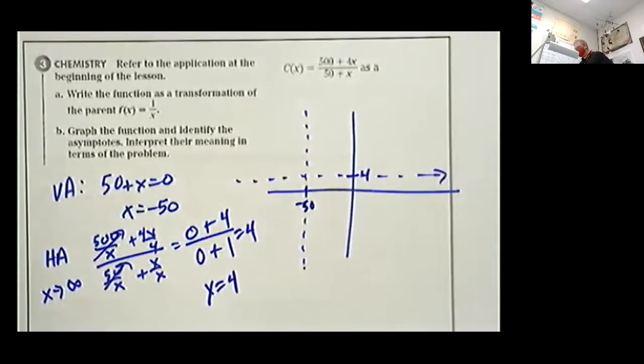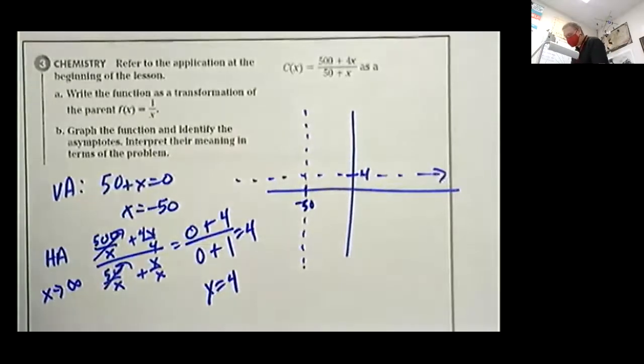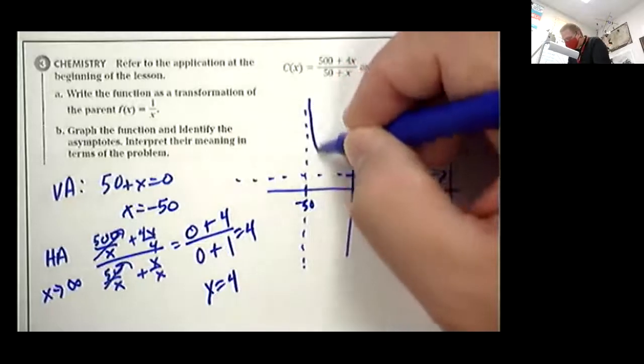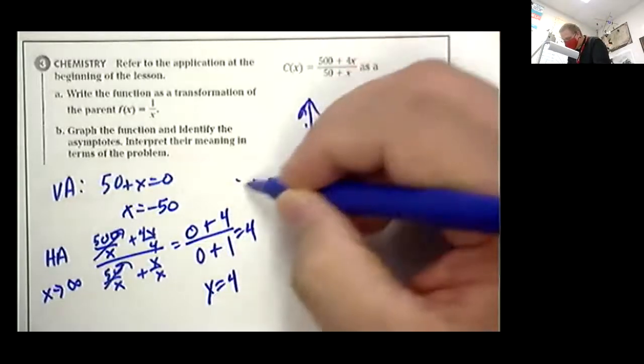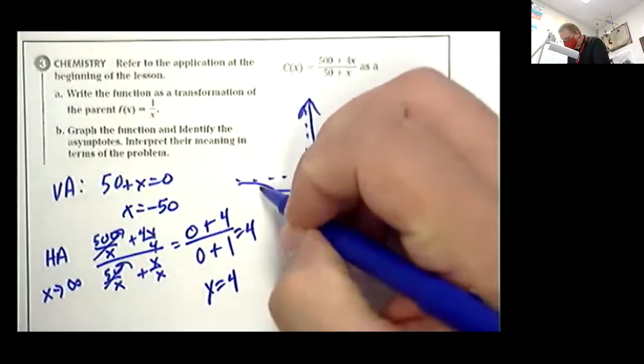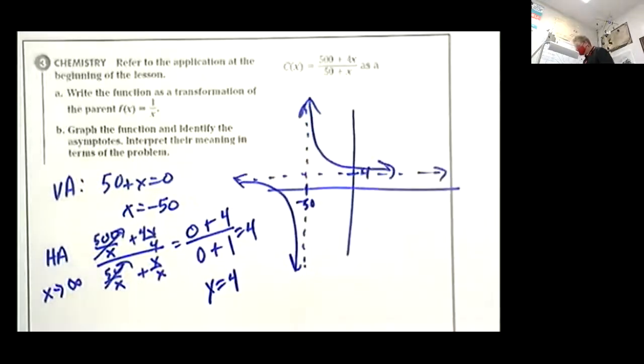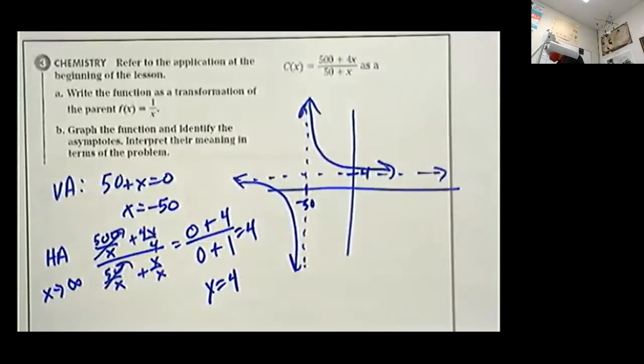Then we can graph our function. This is a positive rational function, so this graph will be up here, and this graph is down here. So interpret the meaning in terms of the function. So this was a problem about molarity.